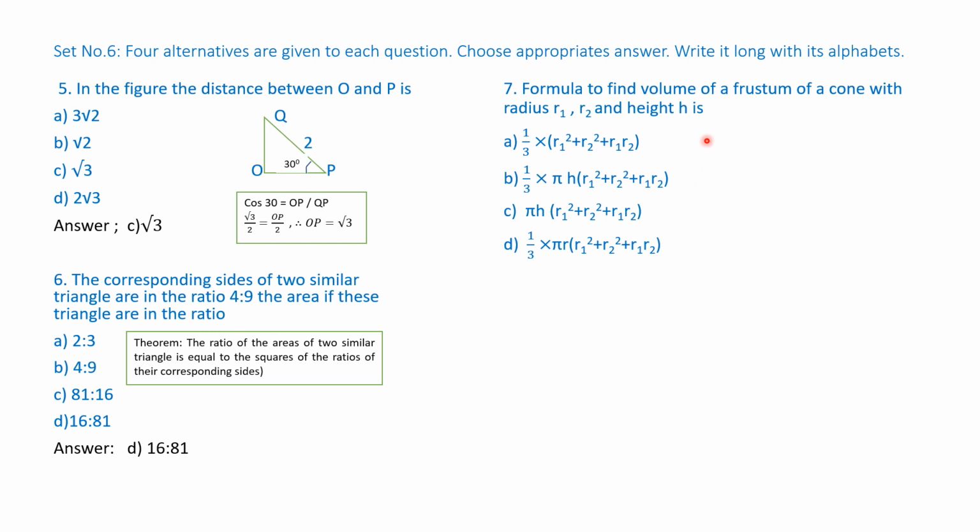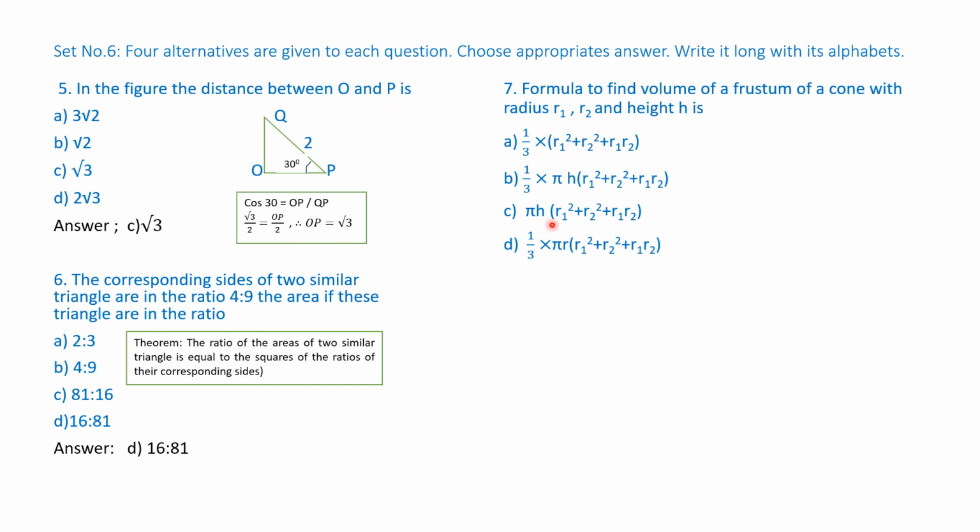The formula to find the volume of a frustum of a cone with radii R1 and R2 and height h is given by, different forms are given. Option A, 1 by 3 into R1 square plus R2 square plus R1 R2. Option B, 1 by 3 into pi h into R1 square plus R2 square plus R1 R2.